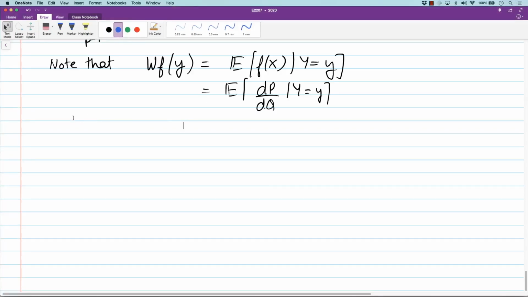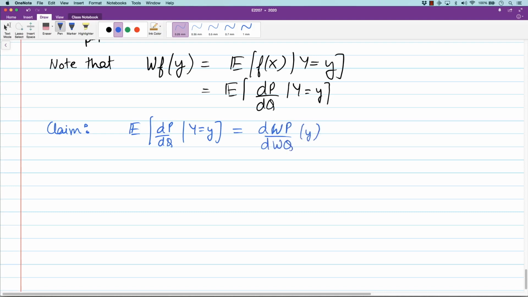So what is this quantity on the right? We claim that this quantity on the right, the expected value of dP by dQ, which is a function of x actually, given Y equals y, is almost surely equal to the density of the measure WP with respect to WQ.